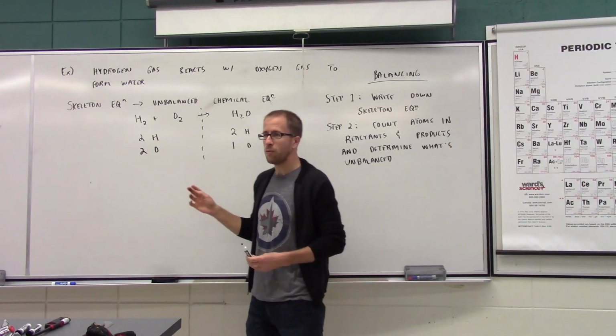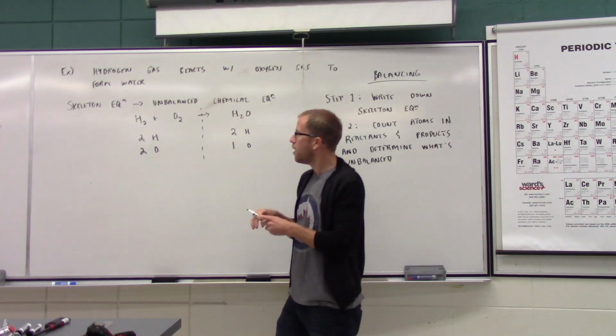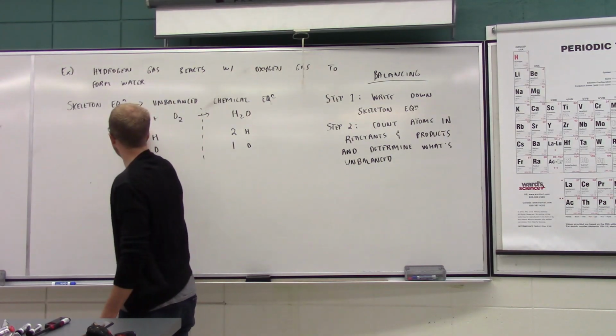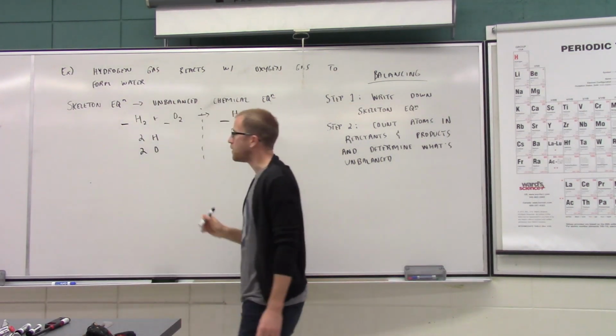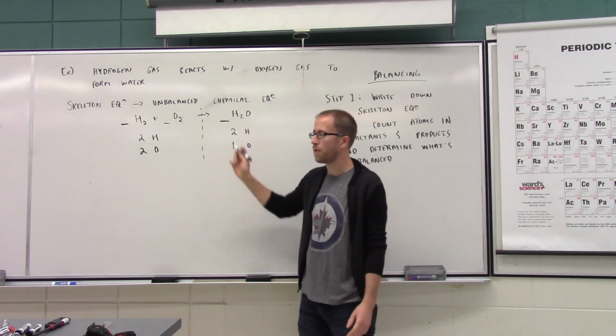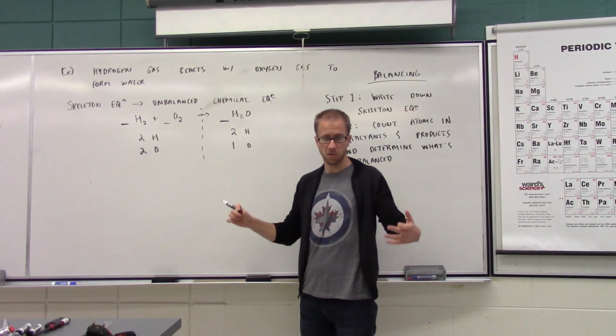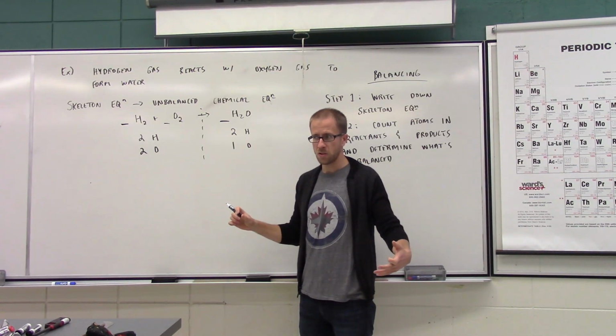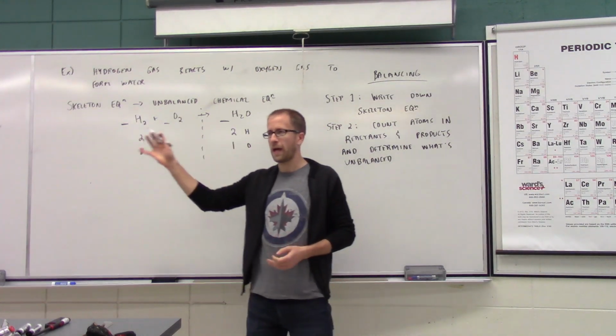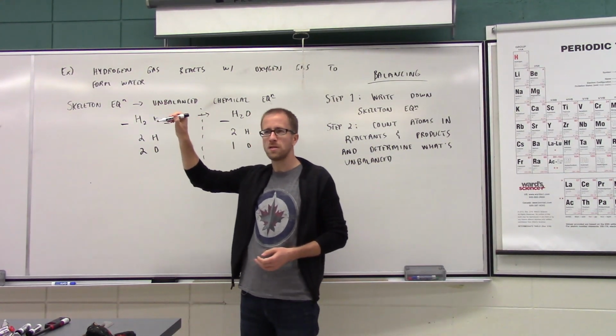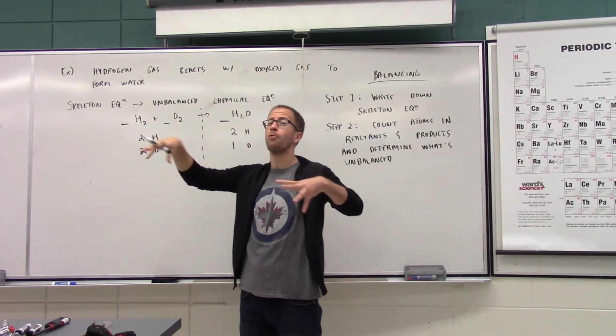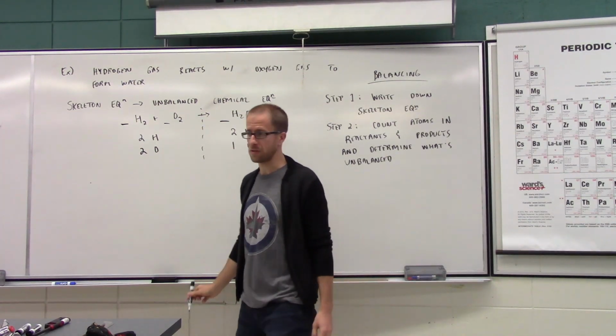We can't change our ingredients, but we can change how much of each ingredient we use, and as a result, how much product we get. So the reason I had you count atoms by using those little coefficients in front was because that's how we're going to balance chemical equations.